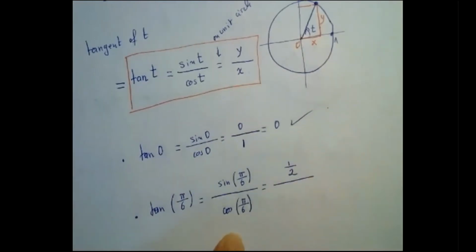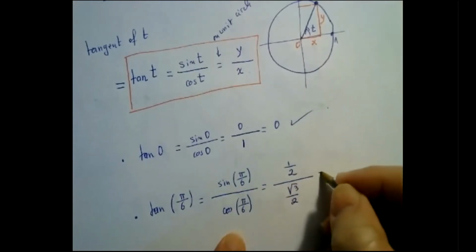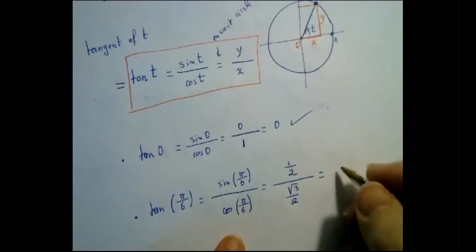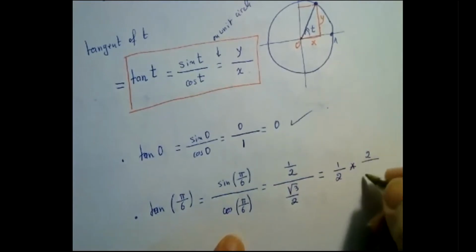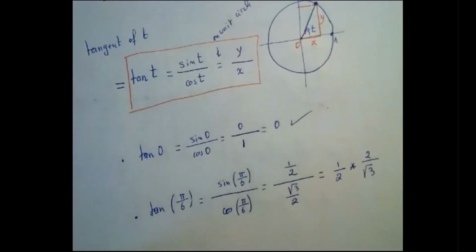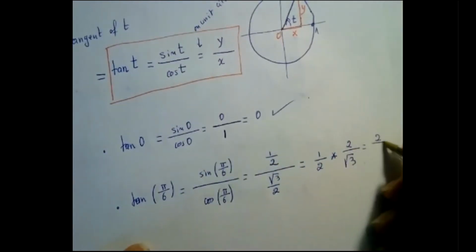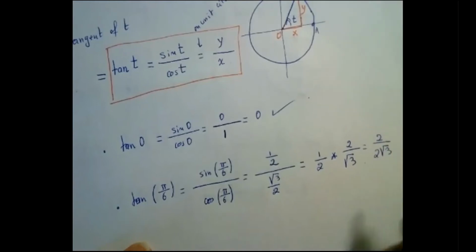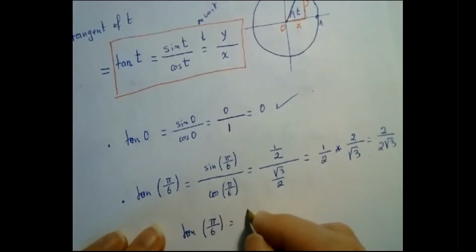That's a half. The cosine is the square root of 3 over 2. Now we simplify this. It's a half times 2 over the square root of 3, so the 2s cancel. It means the tangent of pi over 6 is equal to 1 over the square root of 3.